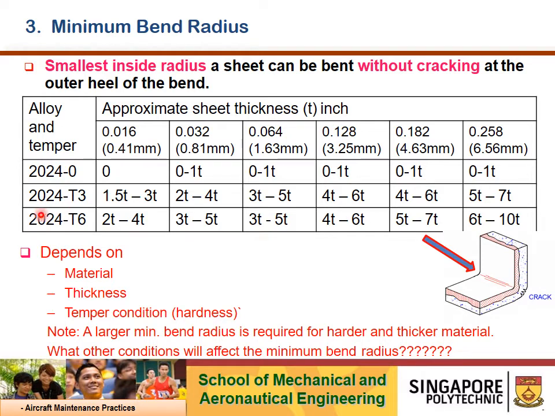So now, 2024-T6 and the material thickness to bend is 0.016 inch, which is 0.41 mm thick. We know that the minimum bend radius required will be 2 times the thickness to 4 times the thickness. That means the minimum bend radius to be used will be a minimum of 0.032 inch radius to 0.064 inch radius. All right.